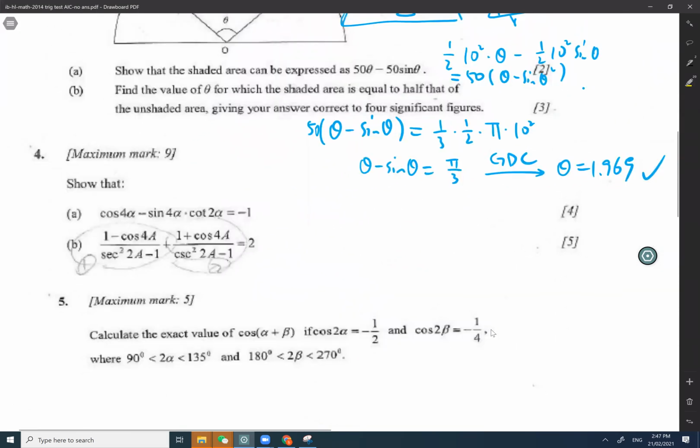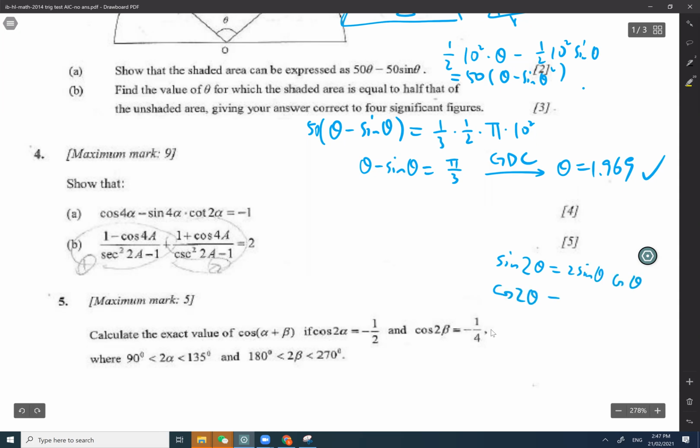Number 4. Prove. Hurry up. We're doing formula. You probably need this formula. Sine 2 theta, 2 sine theta cos theta.